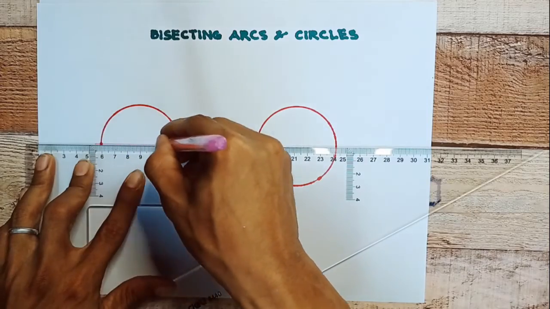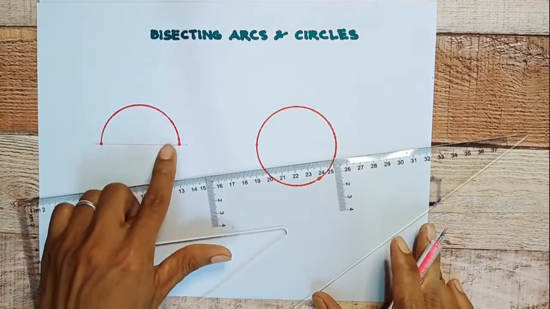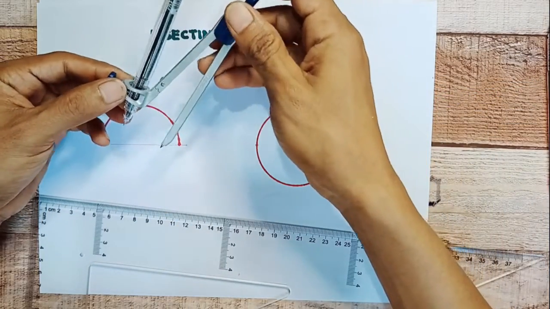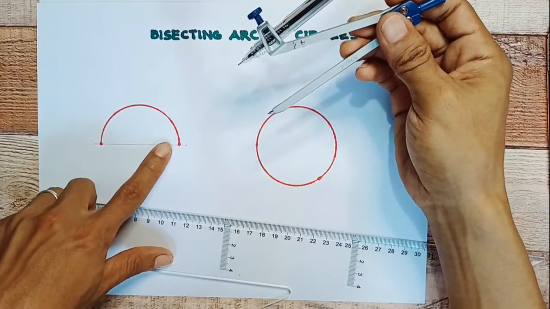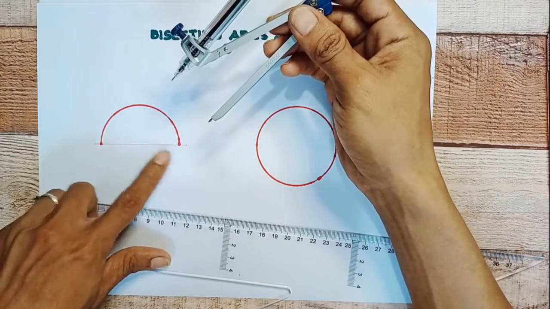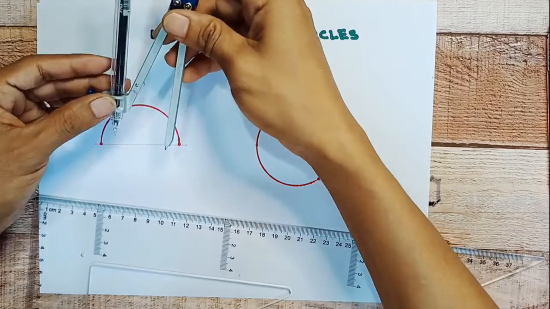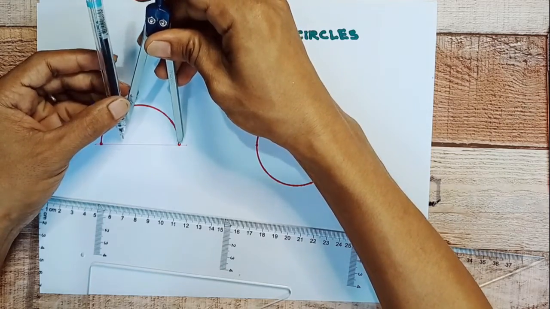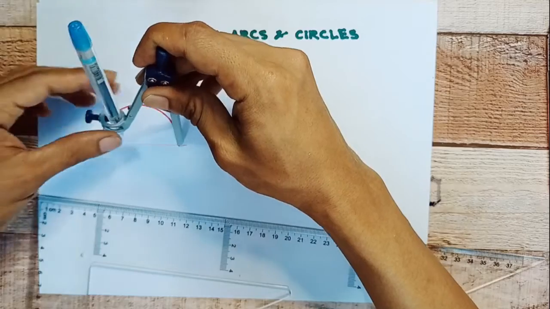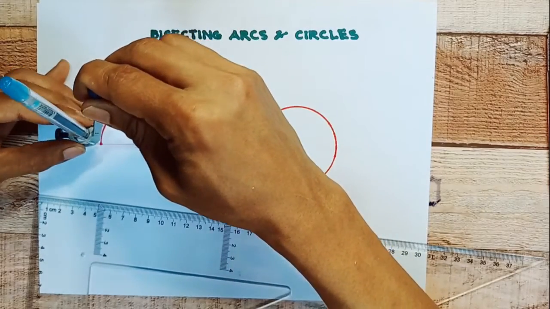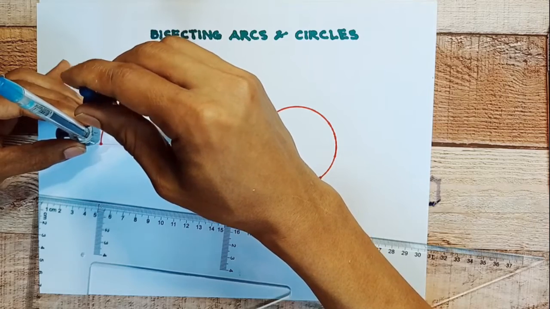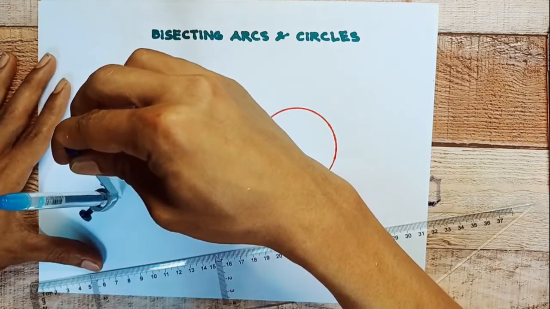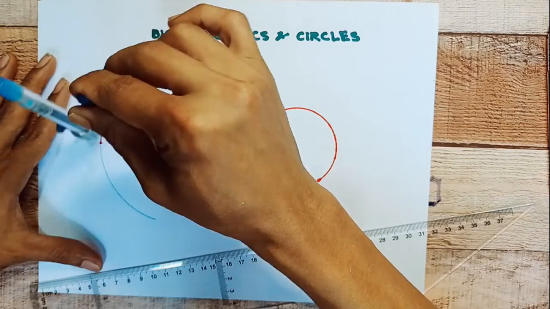The next is using our compass again, just like the same process that we did with bisecting our line. One needle point towards one end of our arc, and the pencil point on the other end of the arc. There. Then we're going to score an arc there. Like so.